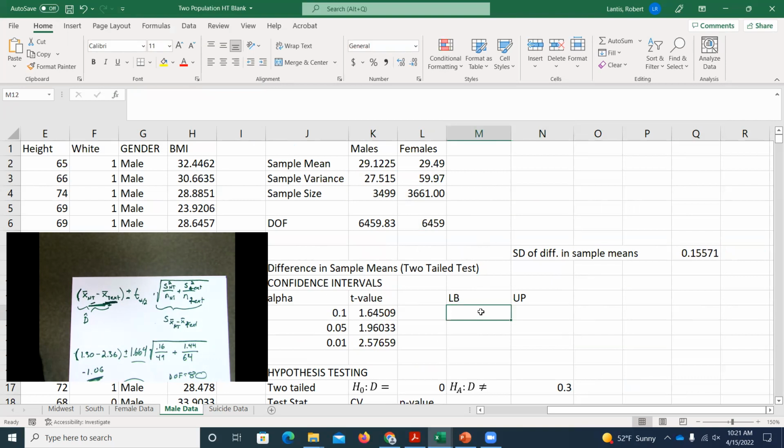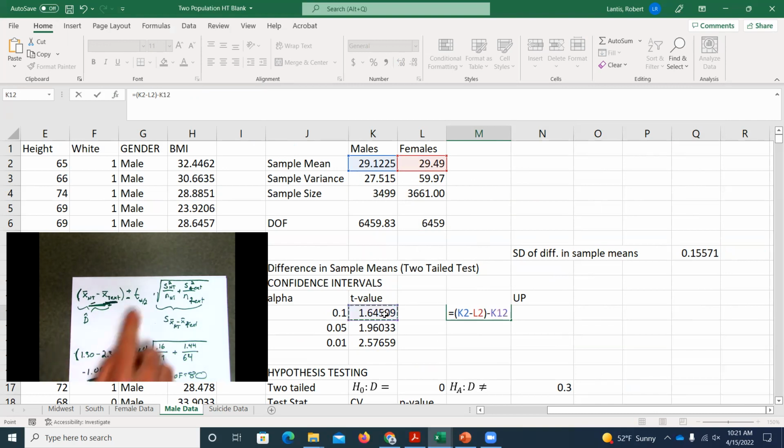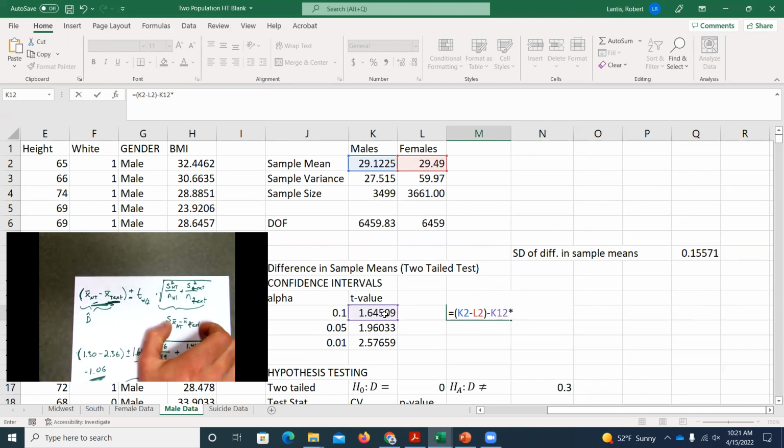So then my lower bound equation, I don't need my parentheses here, but I'm kind of trying to match up with the way I usually write it. I'm going to take my sample difference, or the difference between males and females, right? And then I'm going to subtract this t-value, multiplied by the standard deviation for the difference in my sample means, which I had in this cell up here.